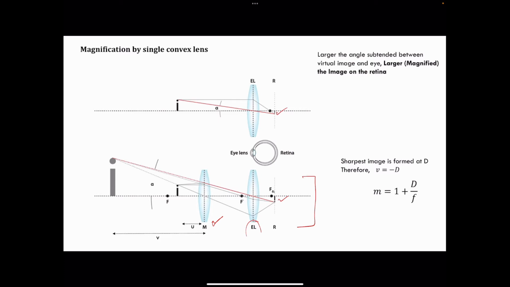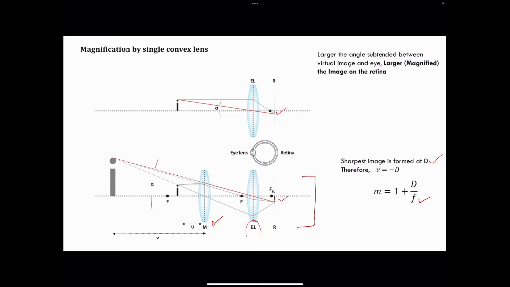We know that the least distance of distinct vision, which is 25 centimeter and represented by D here, has to be taken into account when calculating the magnification, because it is our eyes we are dealing with here, which have a certain distance of distinct vision. Therefore, the distance at which your image will be formed, or V, will be equal to minus D, and hence when you wish to calculate the magnification, the formula gets modified something like this.